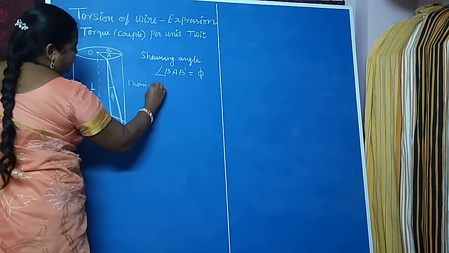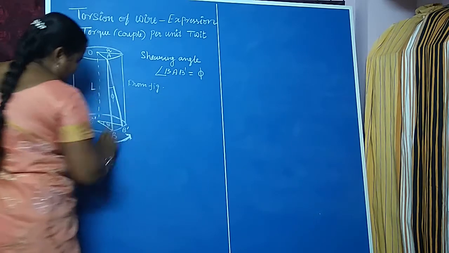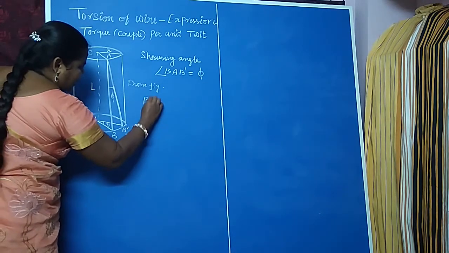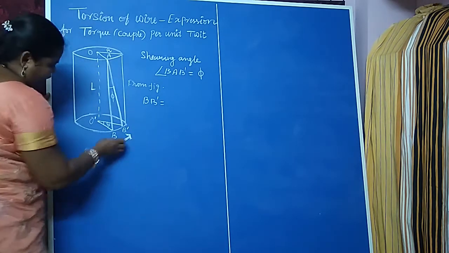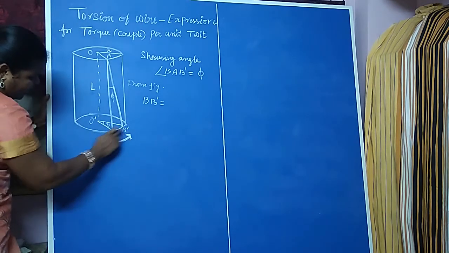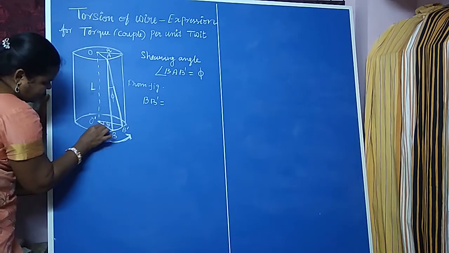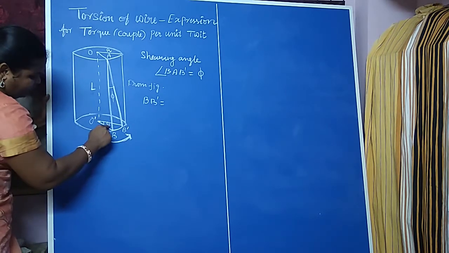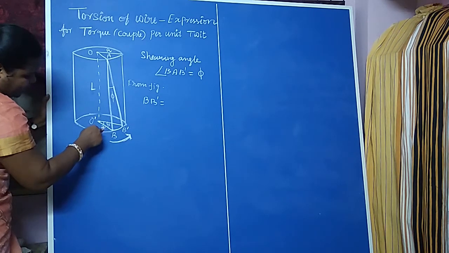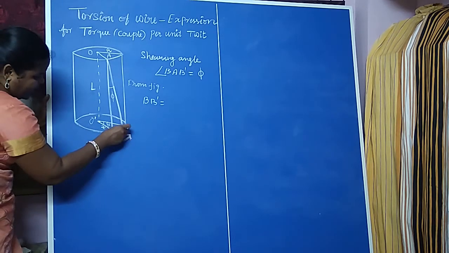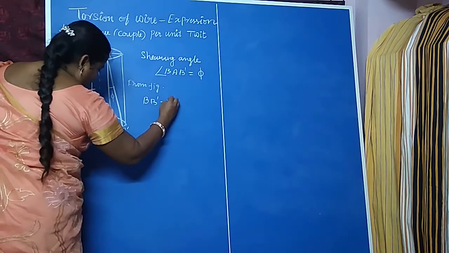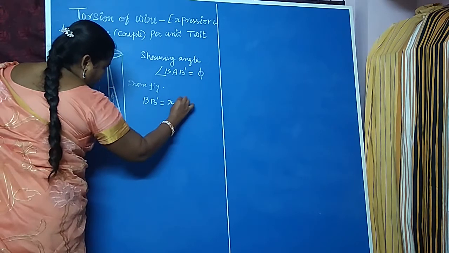From this figure, BB dash is an arc length. The distance from O dash to B is x. So multiplying the angle theta and the distance x, we will get BB dash. So BB dash equals x into theta.